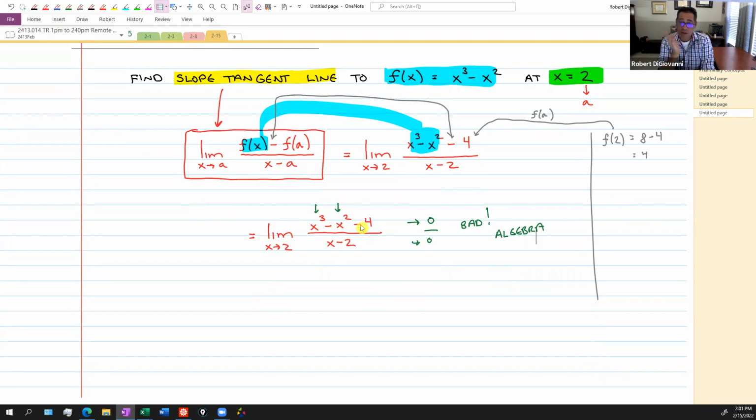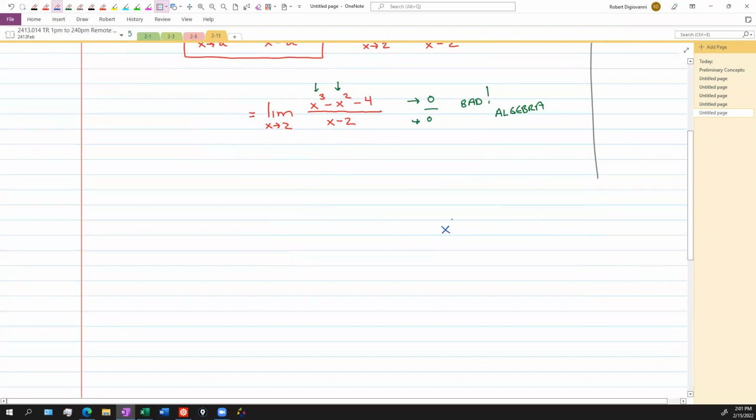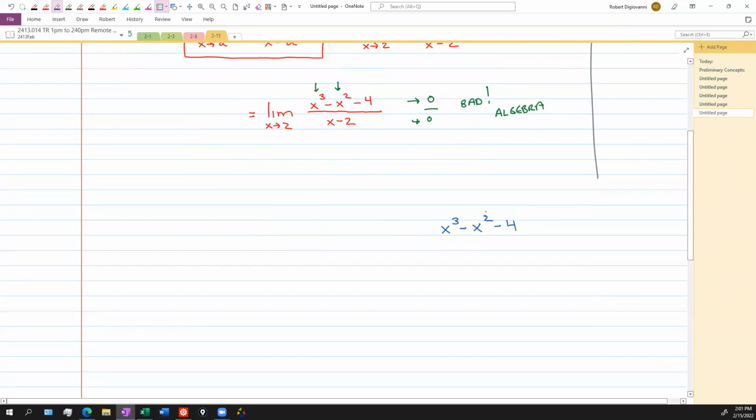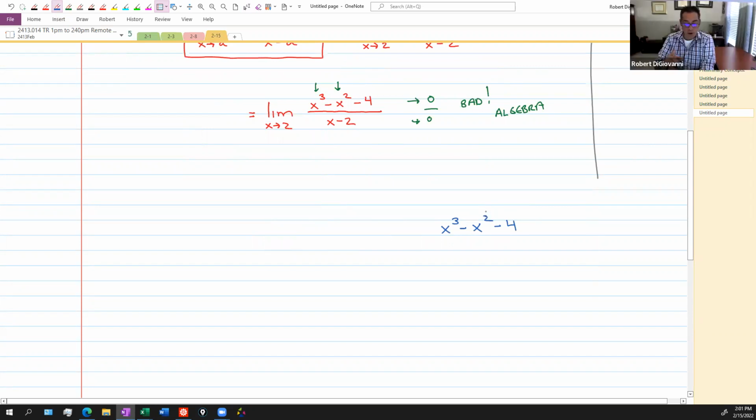So I'm curious to know if anyone knows how we could possibly factor x cubed minus x squared minus 4. This is a long shot. Is it grouping? Grouping would work if we had 4 terms. I agree, but we have 3 terms.